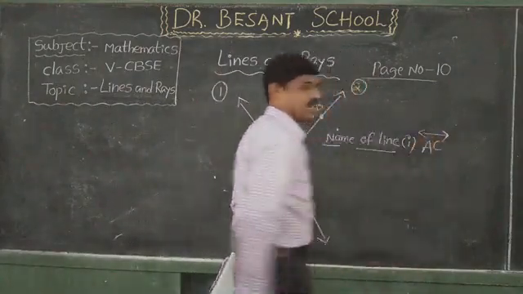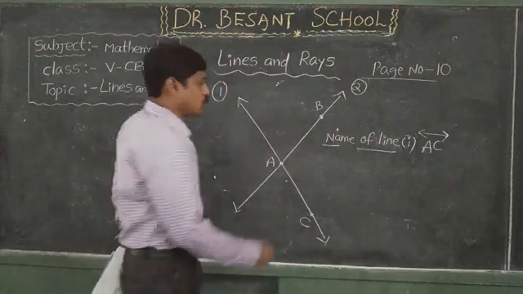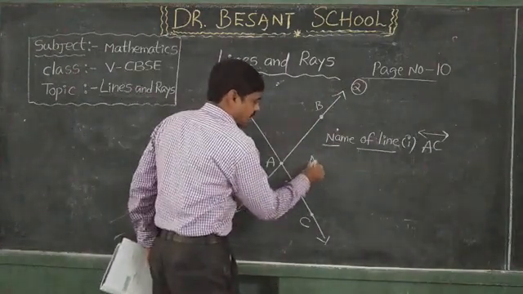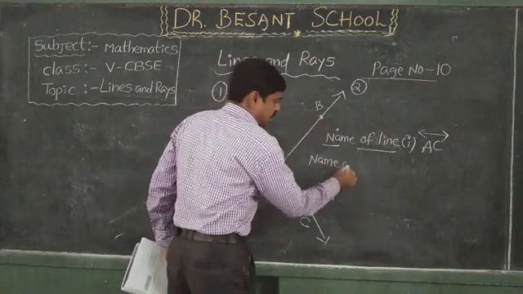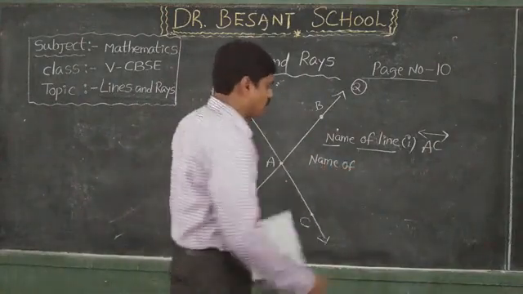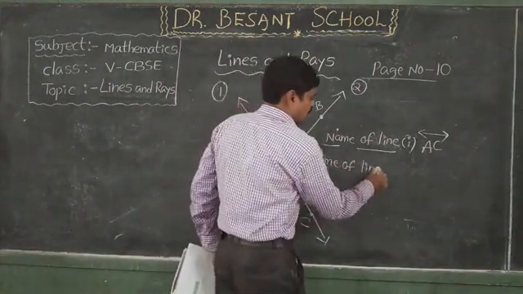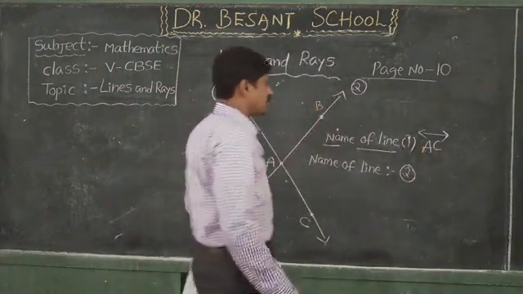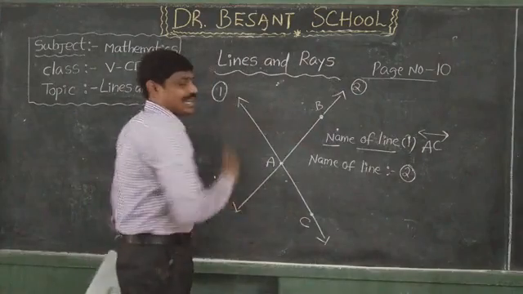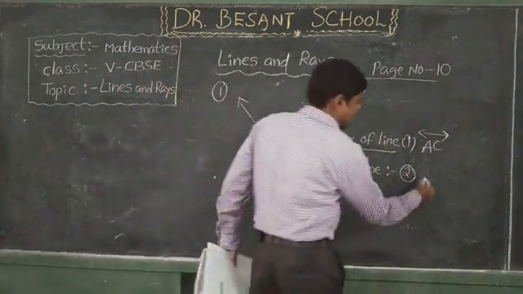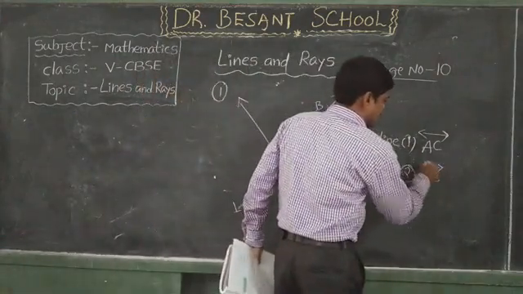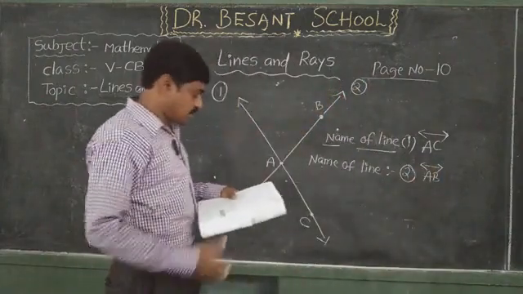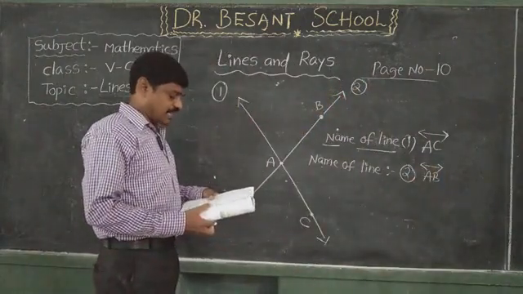Clear, children? Next, name of line 2. This is 1, this is 2. Then what is that? Line AB.